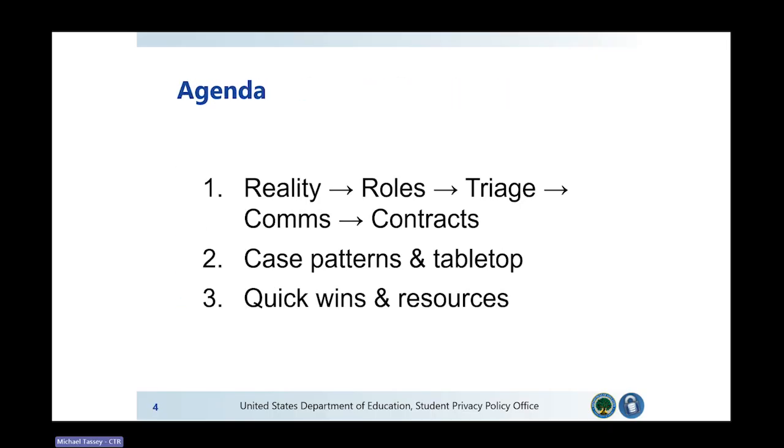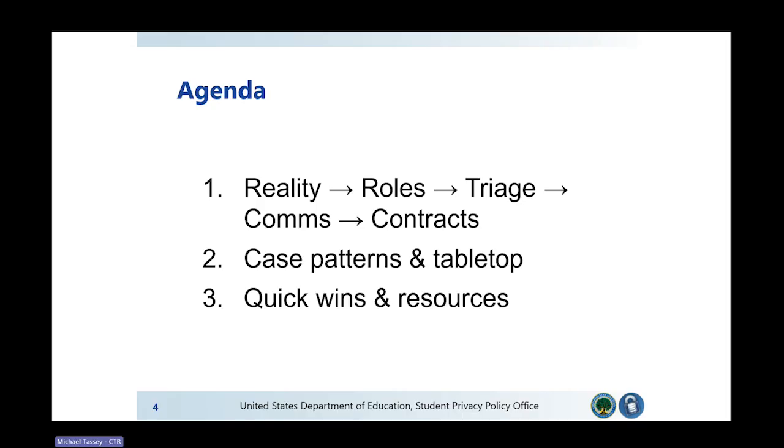So a little about what we're going to cover today. We're going to talk about framing this challenge. We're going to bound this with a little bit of information. We're going to walk through the first 120 minutes of a data breach. We're going to learn about what to ask vendors and decide when to notify, sort of build that framework on when we need to notify people and when we can simply act. And we're going to practice some communications skills, get some best practices in place for that.